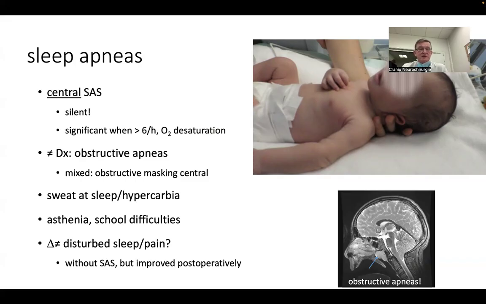It can be the cause of asthenia, of school difficulties. So, in fact, the Chiari can be an explanation for school difficulties due to sleep apneas. But also you can have sleep disturbances without sleep apneas because the pain due to tonsillar herniation can occur at night and can lead to sleep deprivation.